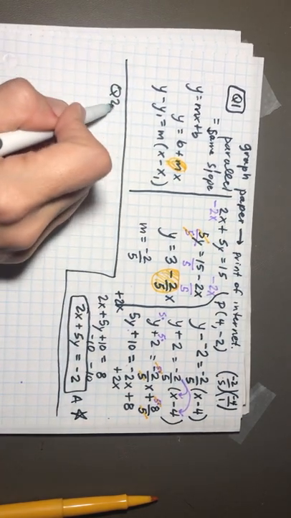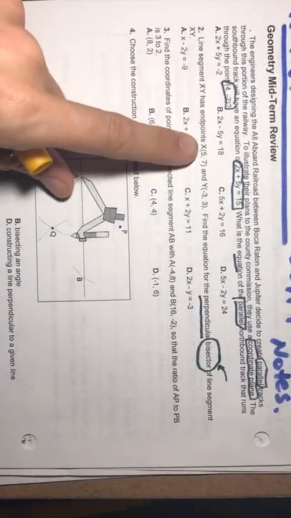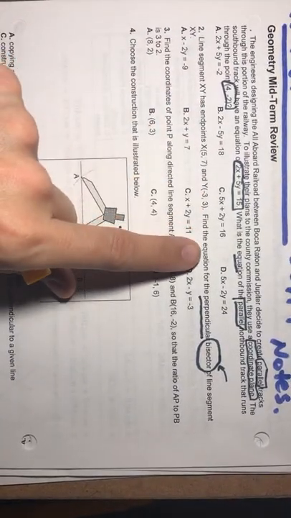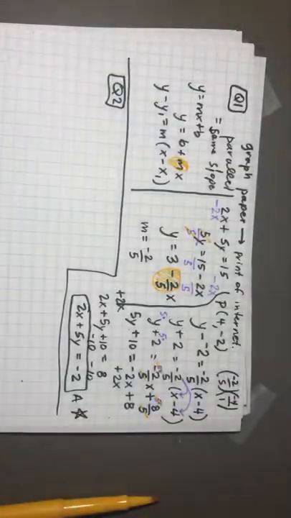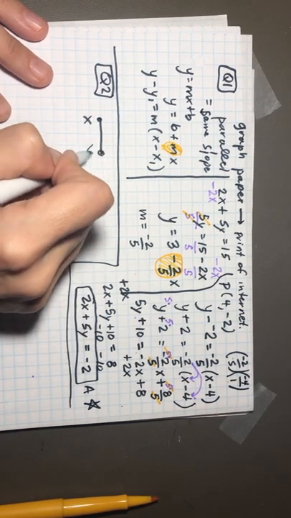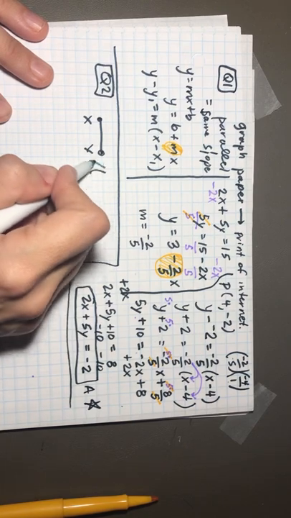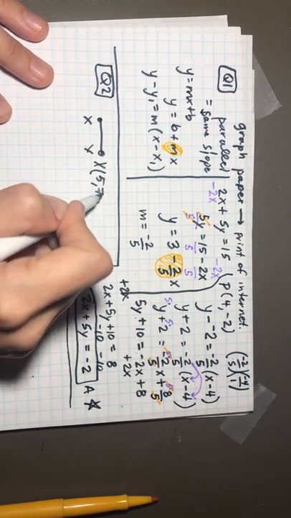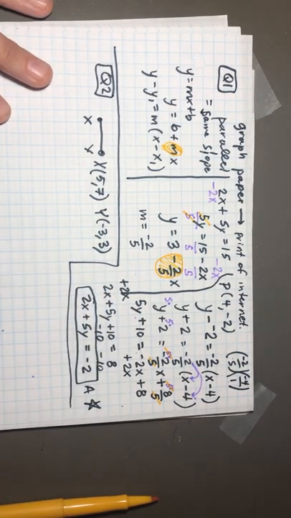Awesome. Okay, now for question 2. Question 2 states that we have a line segment with these points, and we need to find an equation that's the perpendicular bisector. So we have a segment XY, and we have coordinates for X, 5, 7, and a coordinate for Y, -3, 3.